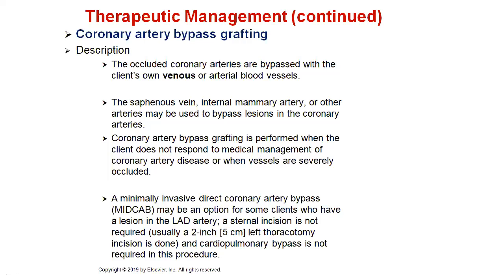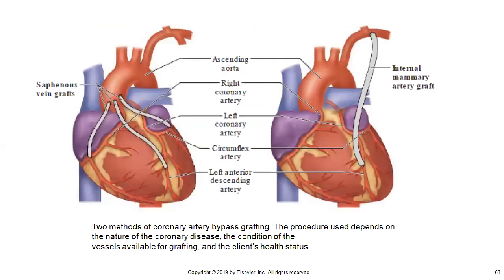We have to monitor the blood pressure: hypertension can cause bleeding from the graft, or hypotension can cause collapse of the grafts. So it is important to monitor your patient. Also monitor the chest tube; over 150 ml per hour can indicate hemorrhage, so notify the healthcare provider.